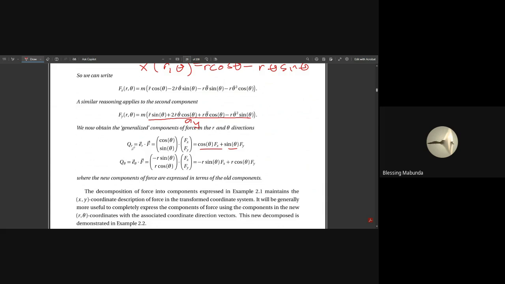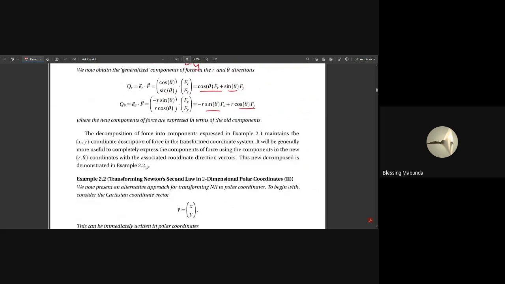So here we have Qr, which is e_r dotted with F. And here we're given Q theta. Right, so this is e_theta dotted with F. And that gives us those terms.